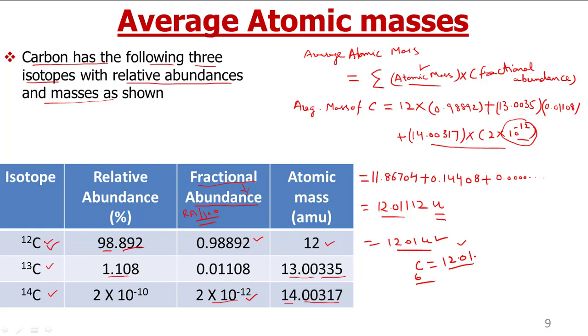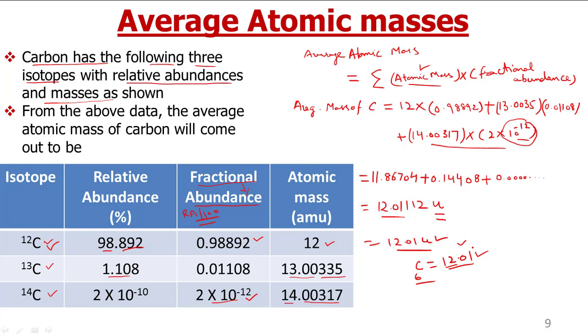Generally in the periodic table the average atomic masses are written, but for numerical purposes we generally only take 12, though its actual mass is 12.01.